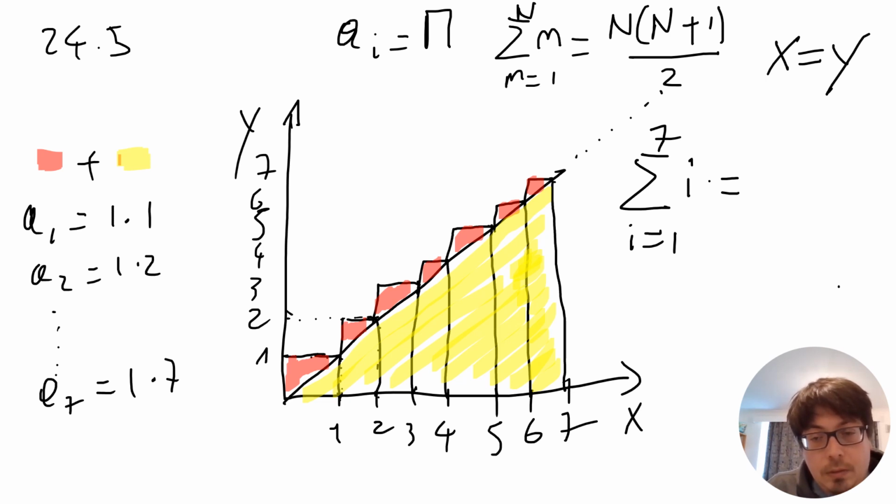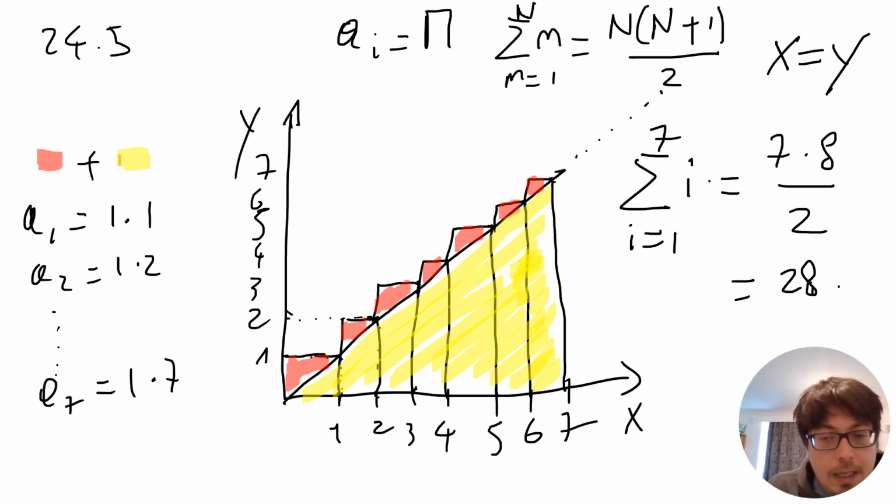So from 1 to 7 is 7 times 8 divided by 2. 7 times 8 is 56, divided by 2 is 28, right? Should be 28. Which is slightly bigger than what we have up here, which is 24.5.